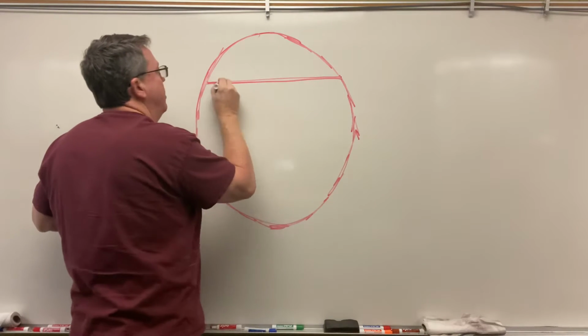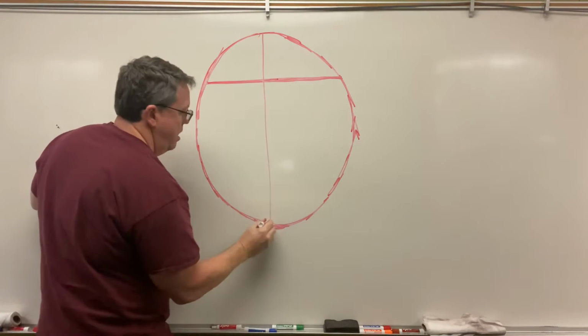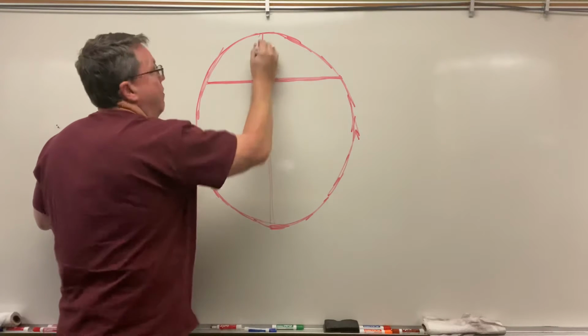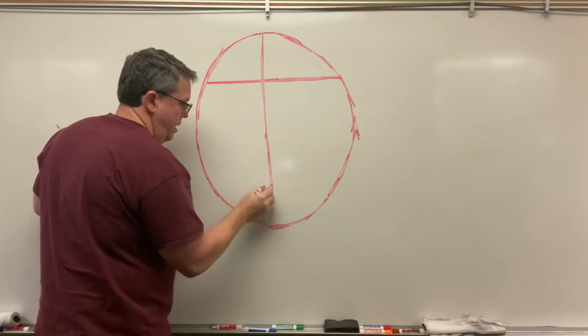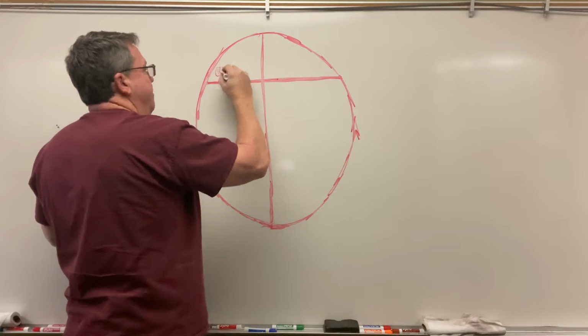On the top part are the atria, that's going to be up here, and on the bottom part we have something called ventricles. And so this is my right atrium.